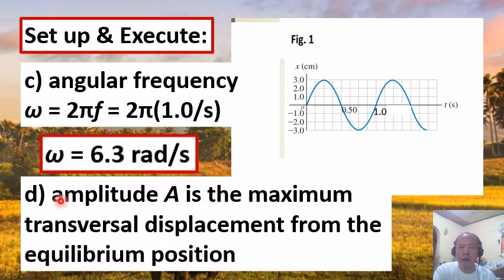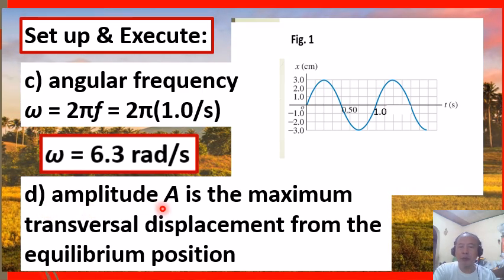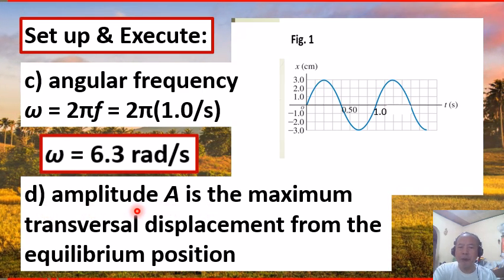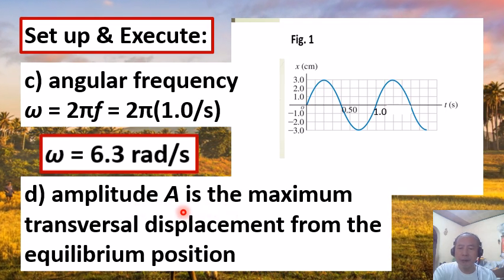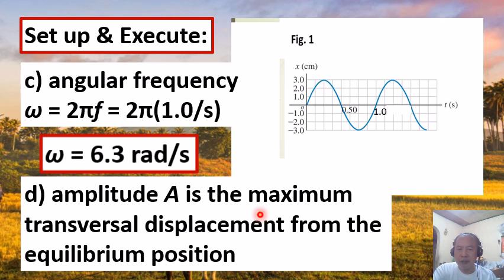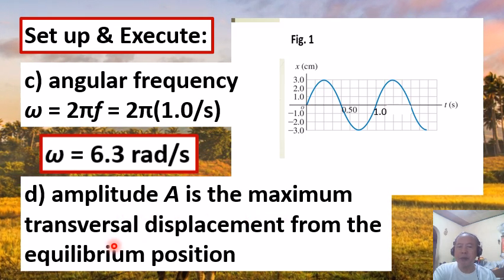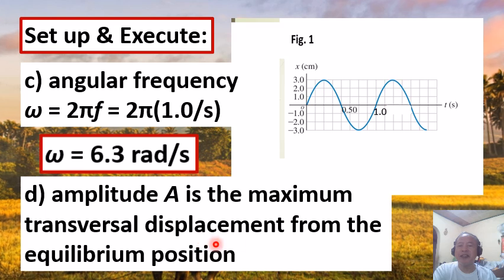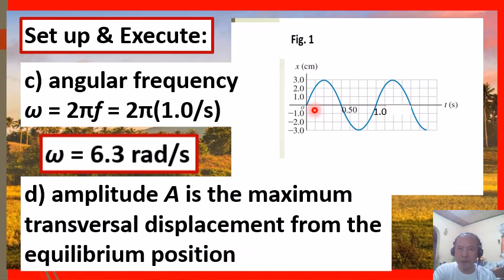And moving on to part D, where we are asked to determine the amplitude, capital A, of the oscillation. So by definition, amplitude is just the maximum transversal displacement from the equilibrium position.